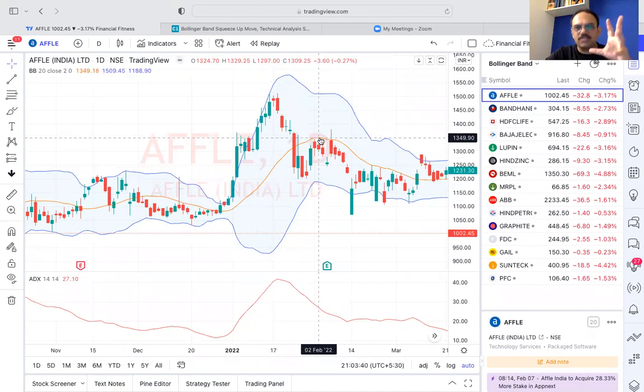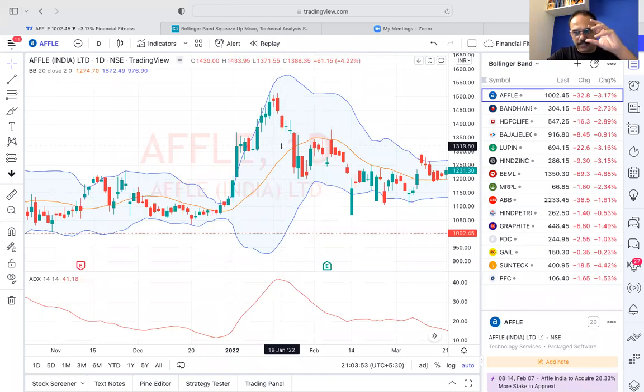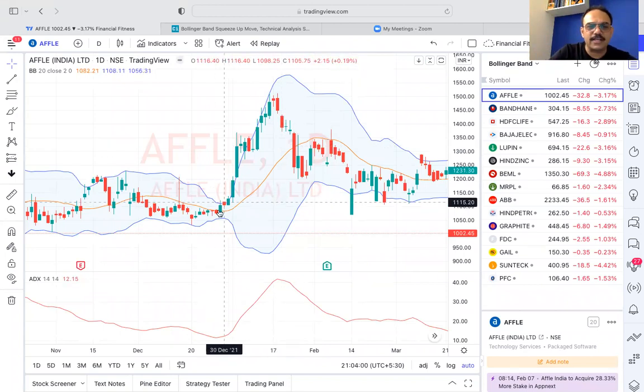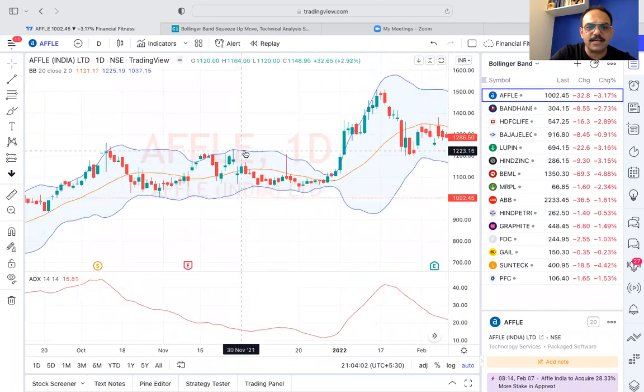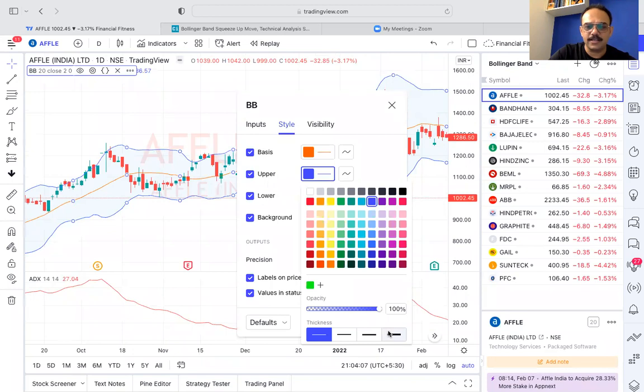However much volatility there is, the Bollinger Band will expand. If the price movement does not have too many ups and downs, either up or down, then it will squeeze. It will become something like this. Let me make it dark so that it's visible clearly in the video.